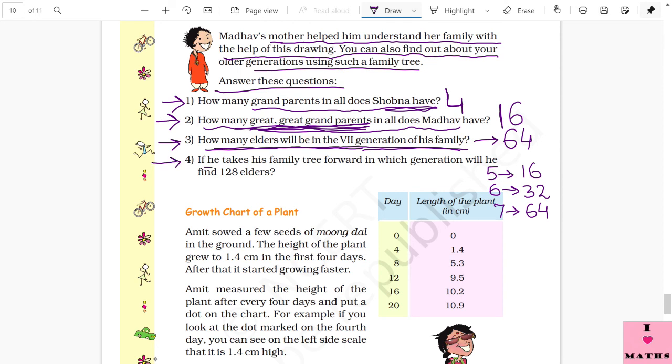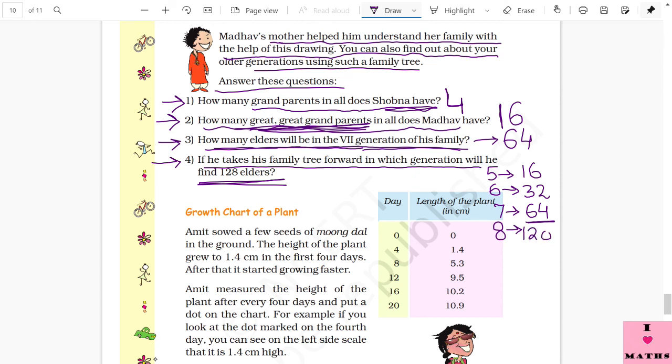Okay, question number 4. If he takes his family tree forward, in which generation he will find 128 elders? Oh God. Okay, let us go to the 8th generation. In 8th generation, we should have double of 64. So double of 60 is 120 and double of 4 is 8.